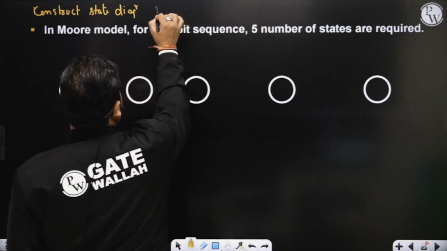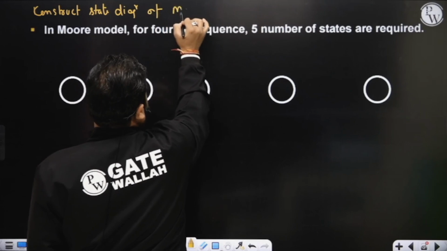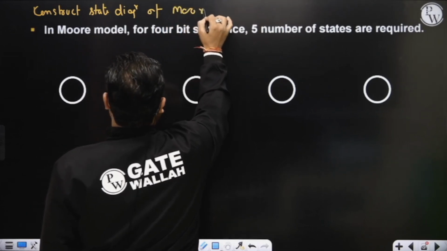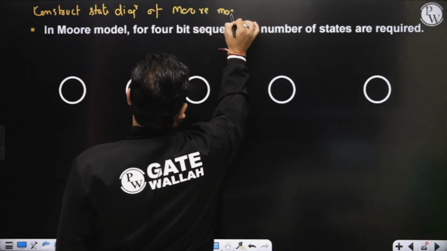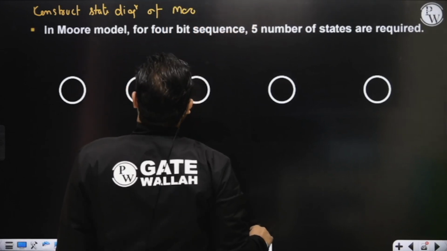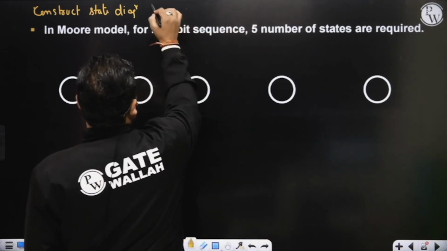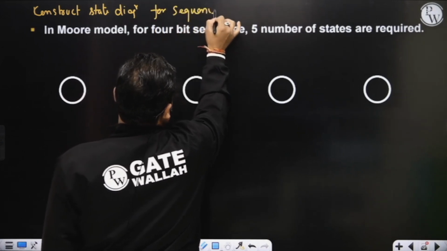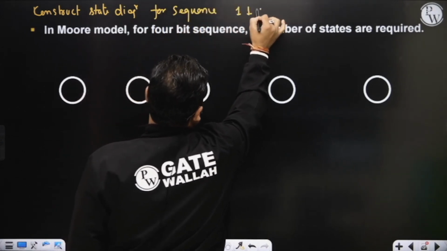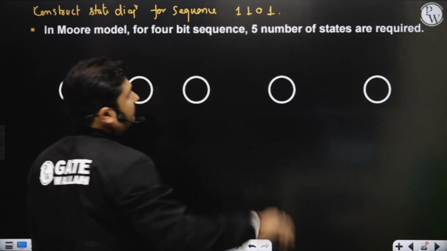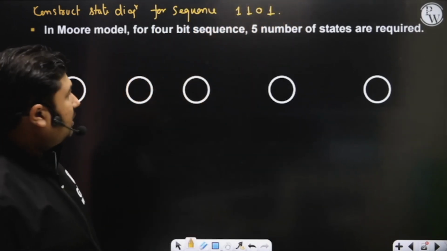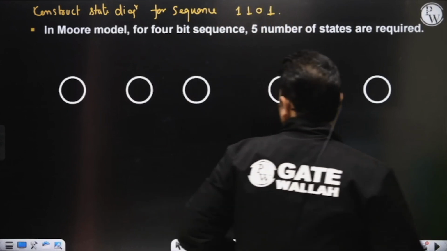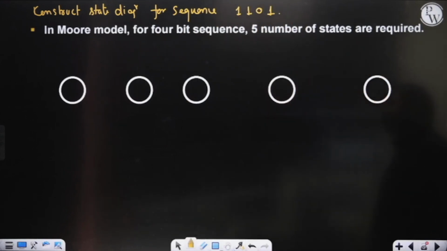Construct a state diagram of the Moore model. Construct a state diagram for sequence 1101. Let us take this one. Construct a state diagram for the sequence 1101 in Moore model.